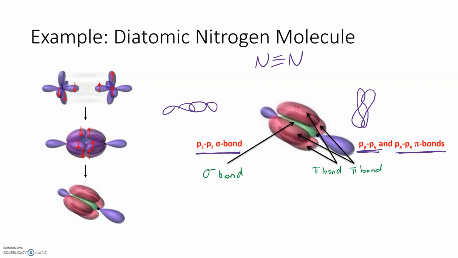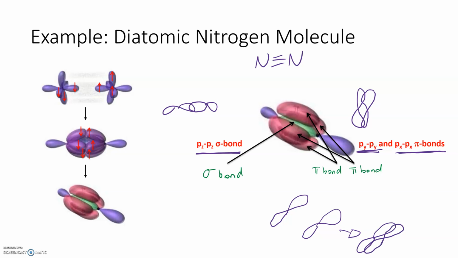So the px orbital is hard to represent in a drawing, but the px orbital is sideways like this. So that means that they are not facing head to head with each other, so they again are going to overlap side to side exactly the same way as the py.